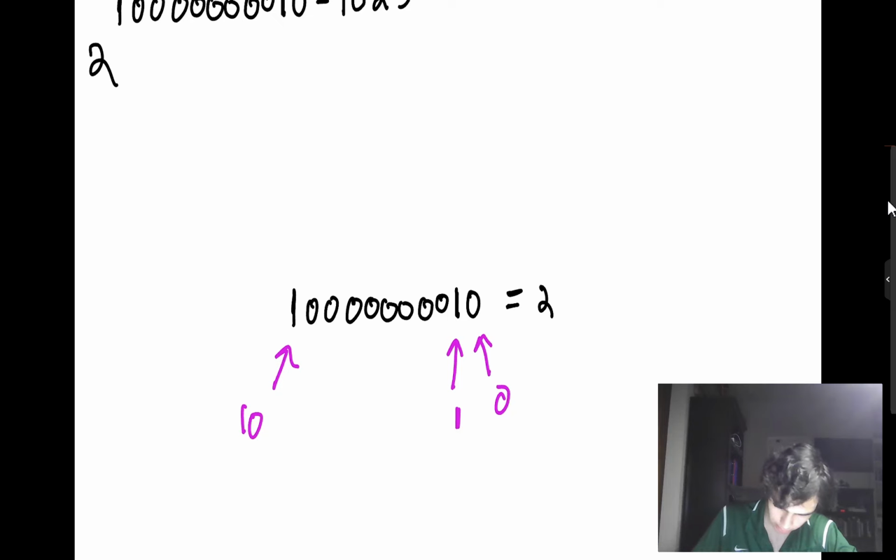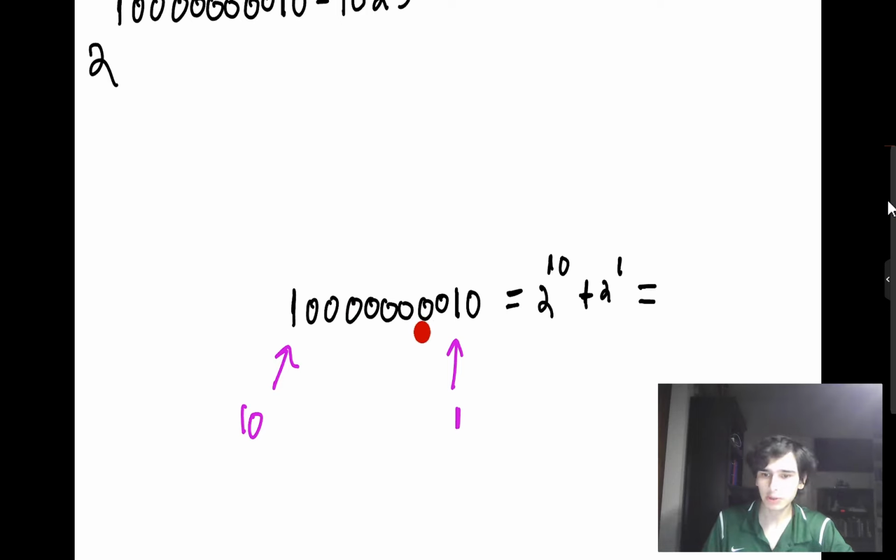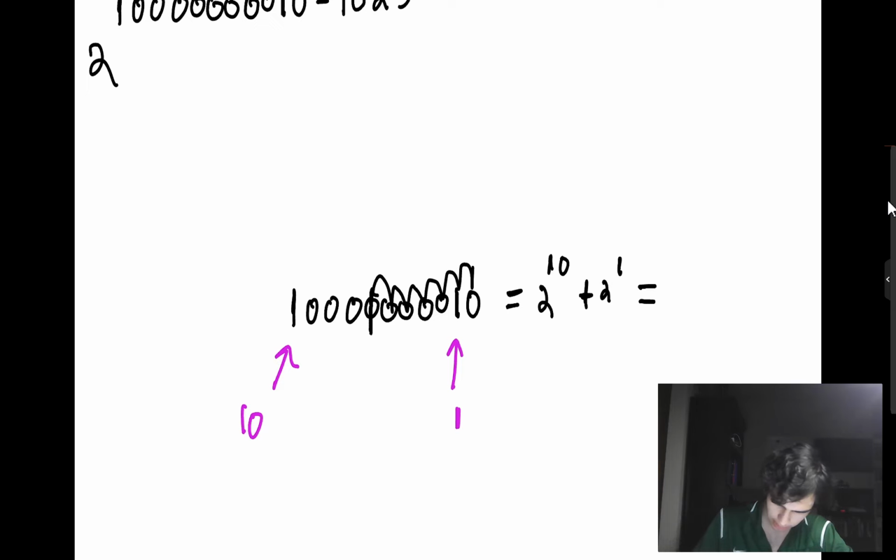So we're going to do 2 to the 10 plus 2 to the 1. The reason it's 10 and 1 is because the places where there's a 1 are the corresponding indices. Like, if this was a 1 at index 7, then we'd have plus 2 to the 7, but we don't have that.